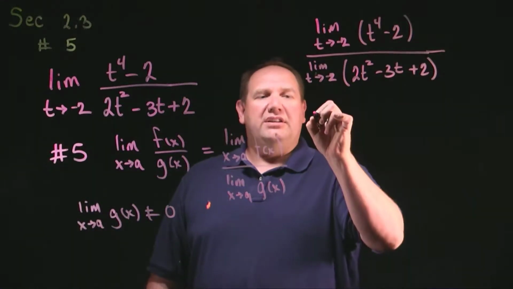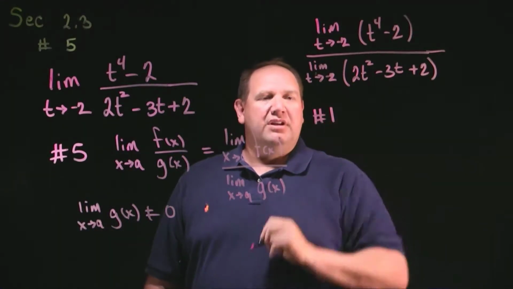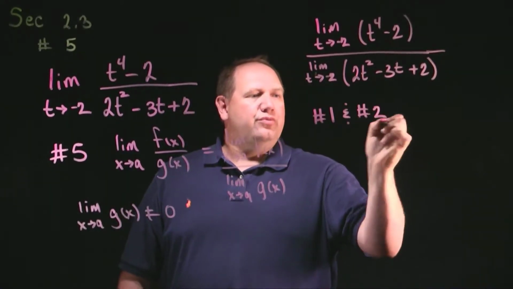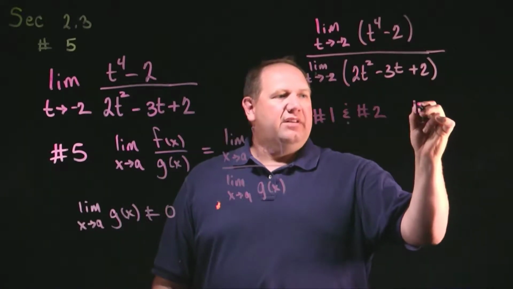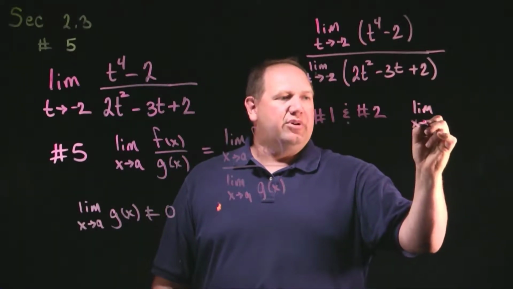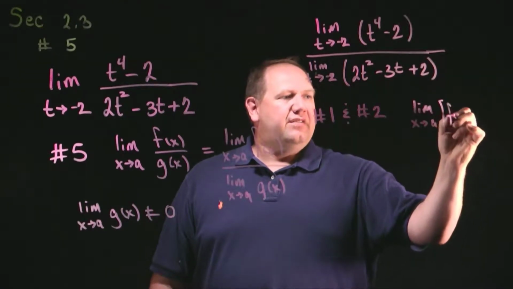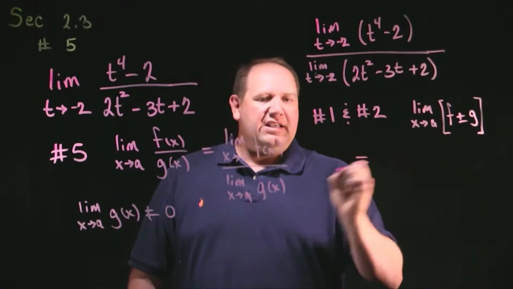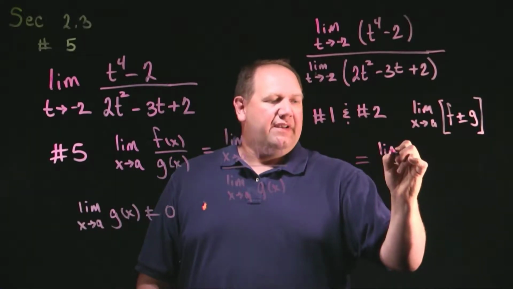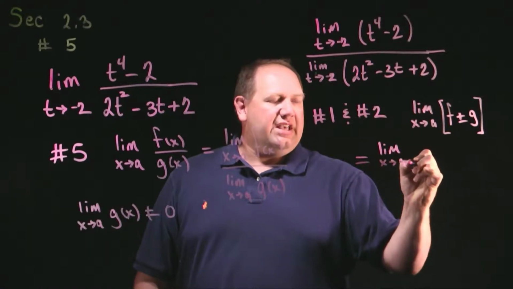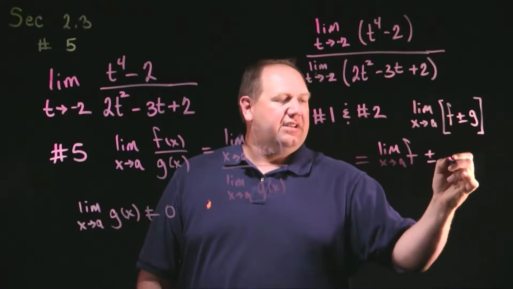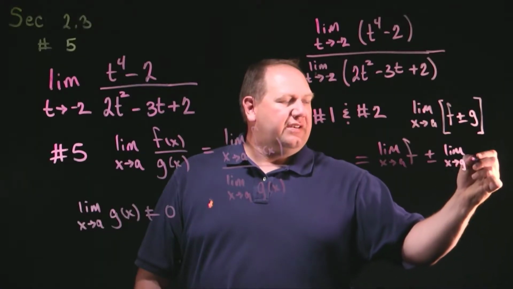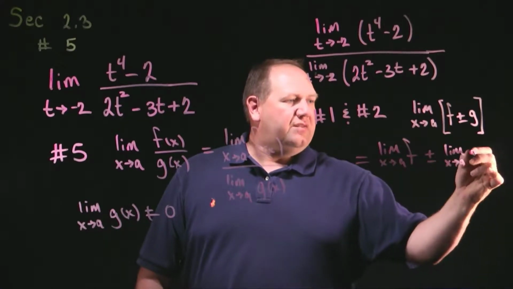The next limit law is, we're actually combining two of them, number 1 and number 2. It says that if I have the limit as x approaches a of f plus or minus g, that's the same thing as the limit as x approaches a of f plus or minus the limit as x approaches a of g.